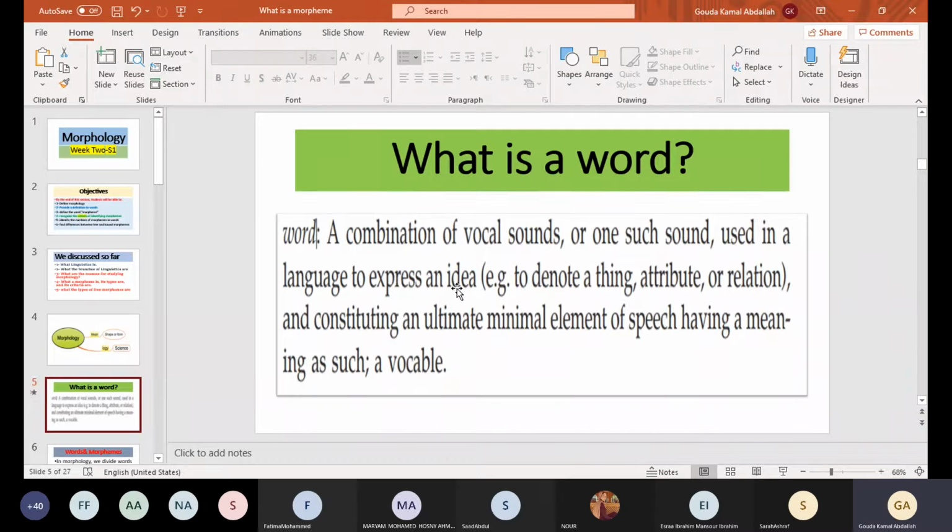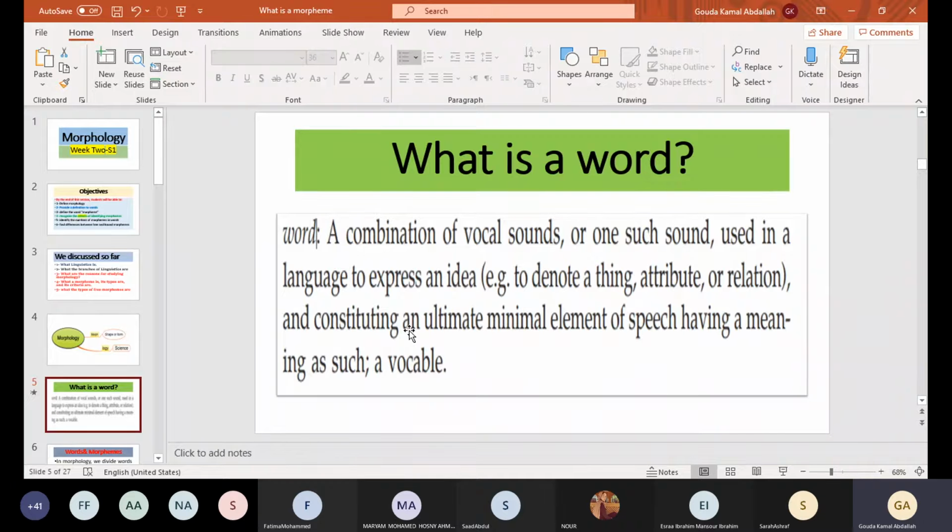For example, to refer to a thing, like a table or a chair, or an attribute like happiness or honesty, or a relationship, friendship, and so on, constituting an ultimate minimum element of speech having a meaning as such. So we could say that a word is a group of sounds, or just one sound, with a meaning.